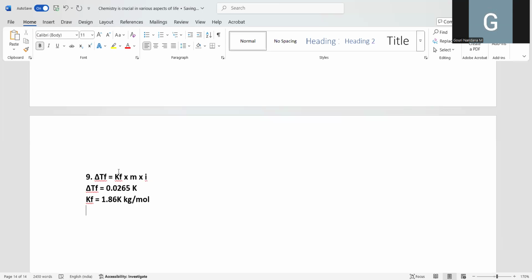Then M is also given, 5.0 into 10 raised to minus 3 m.